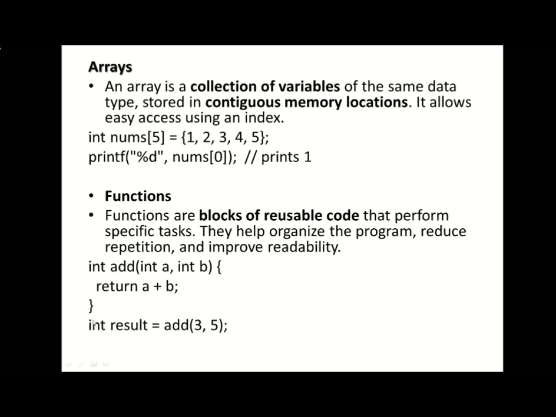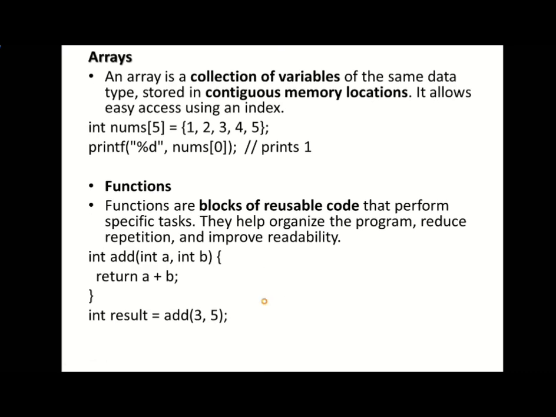Now we store the return of a plus b in result, which is of integer type, and we pass the arguments 3 and 5. So this will return the addition of a and b, which is 3 and 5. So this is reusable code that performs specific tasks. This is a function.